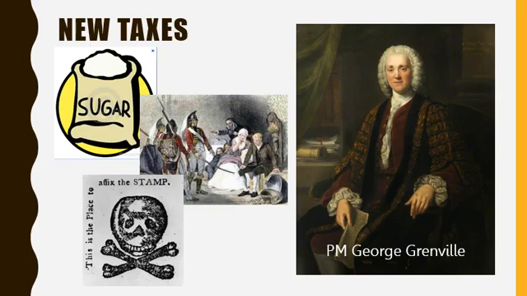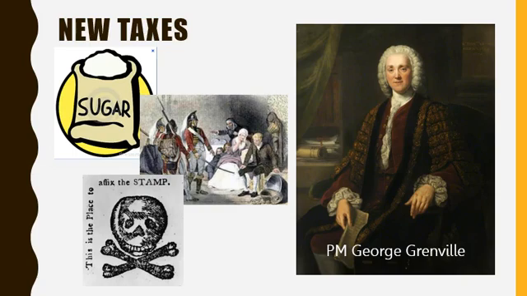In addition to that, every other British citizen is paying taxes to help pay off this debt. It doesn't really make sense. It doesn't exactly seem fair to George Grenville if the colonists don't have to pay as many taxes. So what he's going to do is start working out some new laws and acts to make the crown more money.